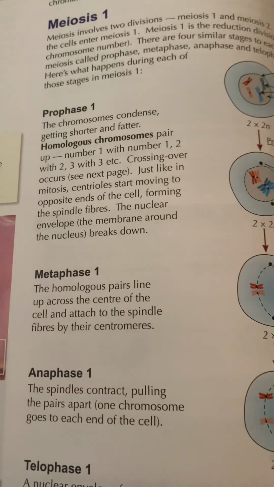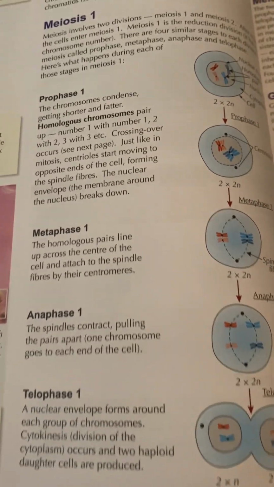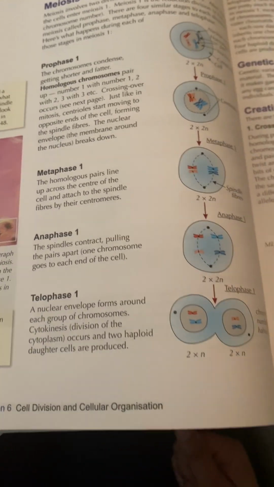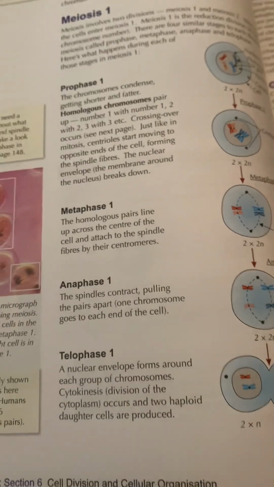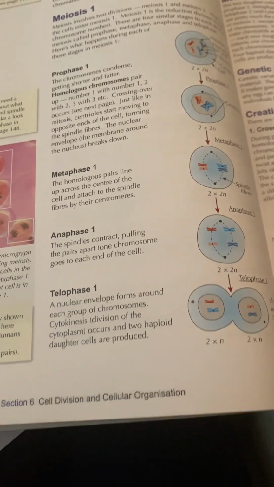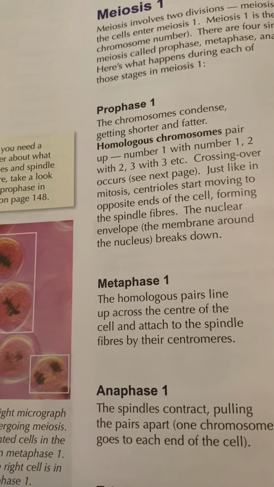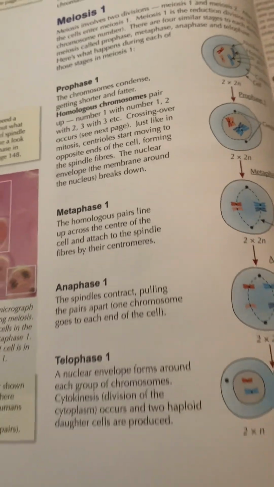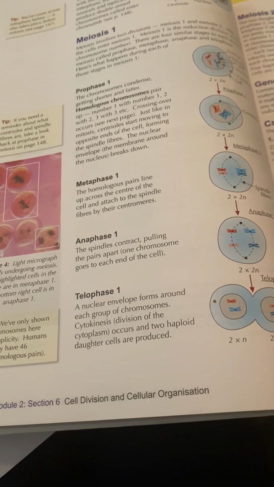So the 2 daughter cells undergo prophase 2, metaphase 2, anaphase 2, and telophase 2, and cytokinesis. These are pretty much the same as the stages in meiosis 1, except with half the number of chromosomes.